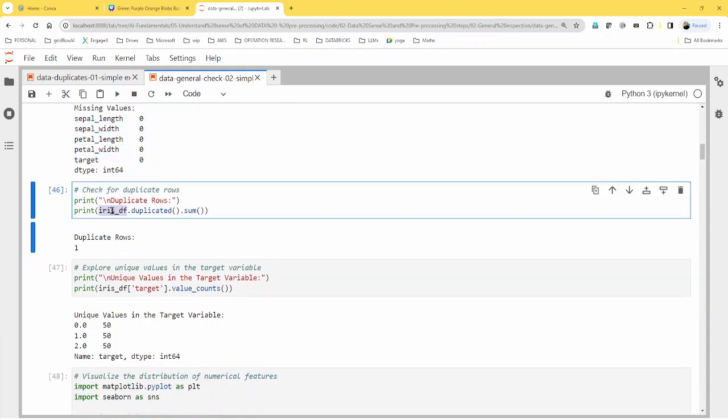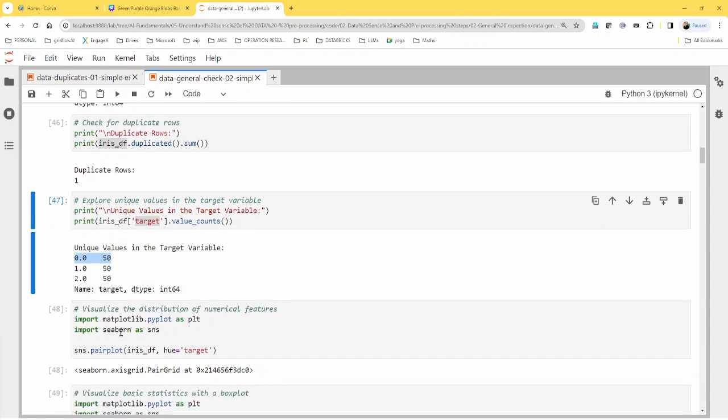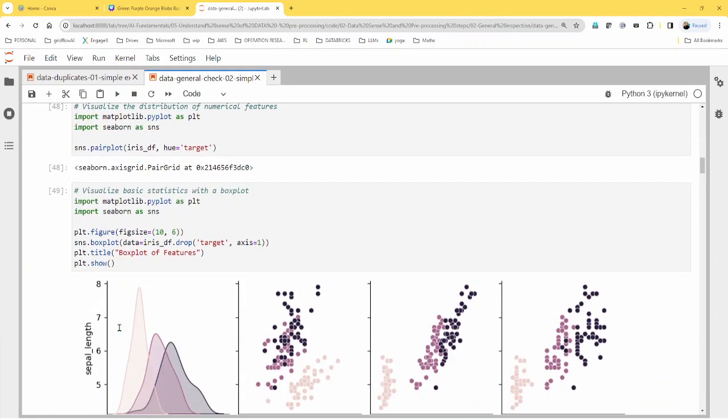For duplicates, pandas also provides the complete row duplicate check, and I'm going to show you how to also identify partial duplicates. Now, unique values in the target variable. We have only one categorical variable, which is the target here. This essentially means there are 50 samples for each of the classes, which is perfectly okay.